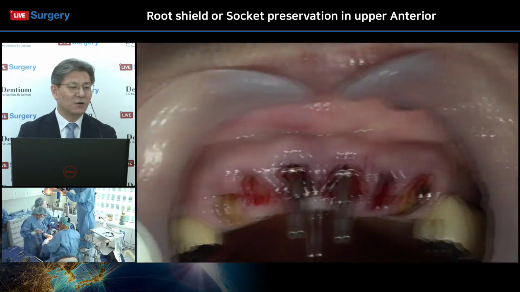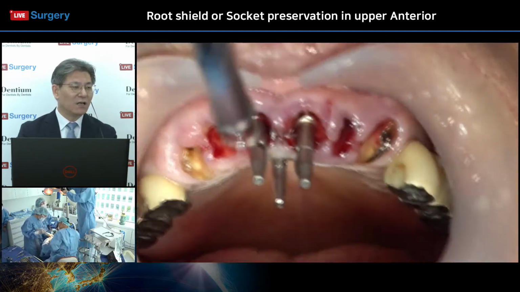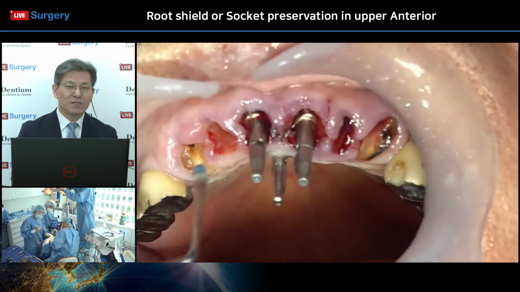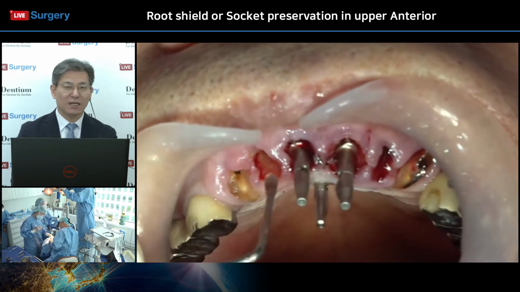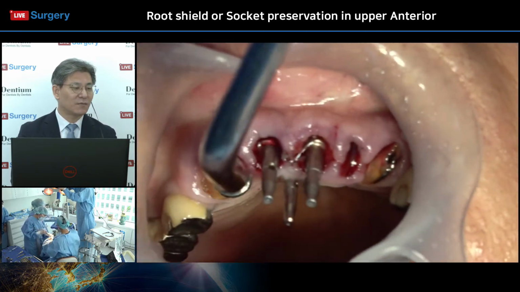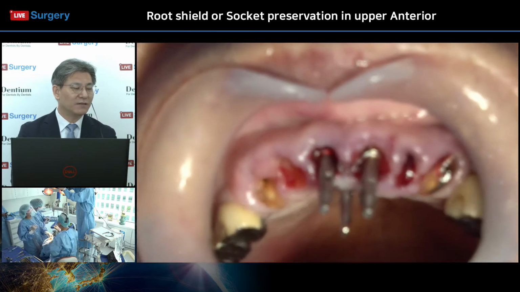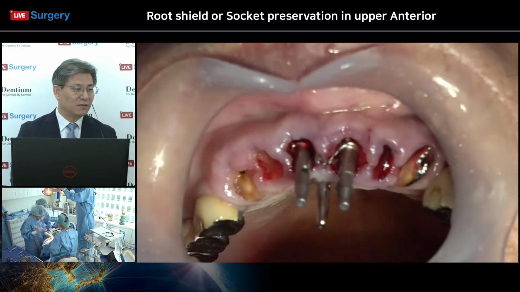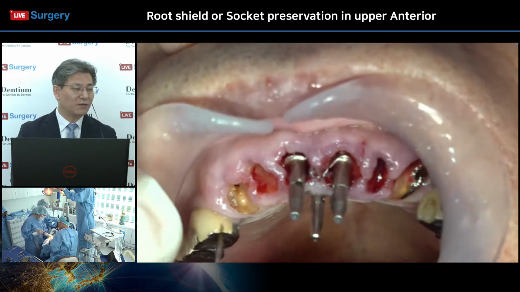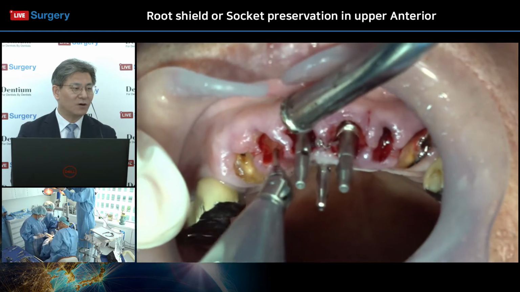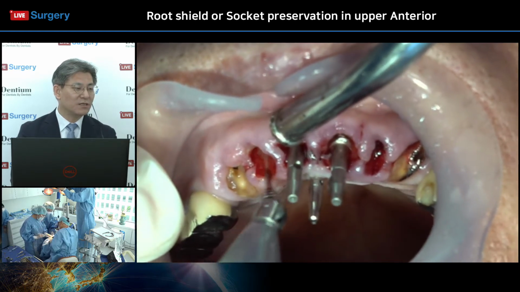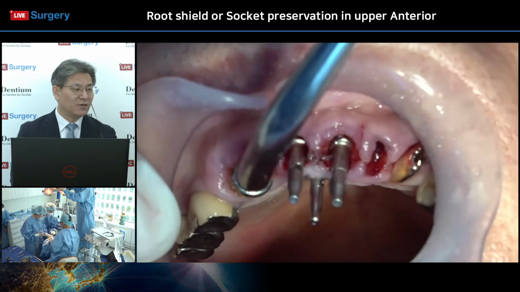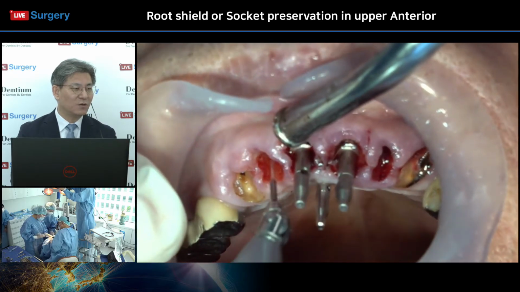So we need to do scaling. Okay, so the intact labial fragment of the tooth still remains there, and using laser for socket detoxification.